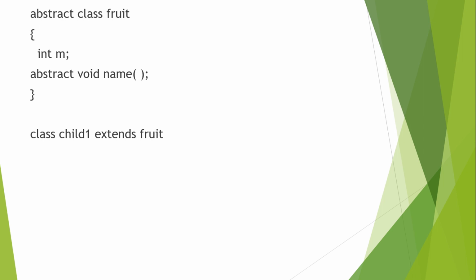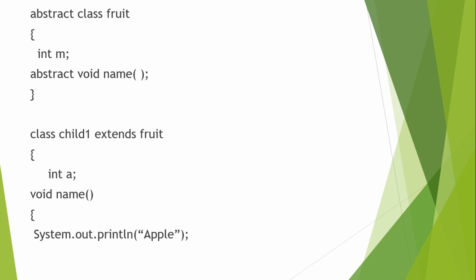So here I am creating this class which has a data member integer a, and I'm creating the body of the abstract method name, and inside the body I'm just writing apple. I'm printing apple and closing the class. So basically child1 is a subclass which is inheriting the Fruit class, which is a base class.